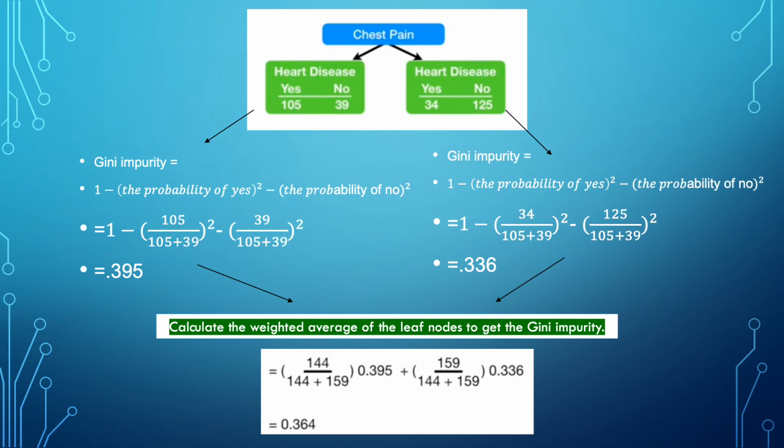Let me walk you through an example that shows you how to calculate the Gini impurity. The first step is to compute Gini index on the left node, and then on the right node. The second step is to calculate the weighted average of the Gini index on both nodes. The good news is that we can follow the exact same steps at each iteration for building the tree.